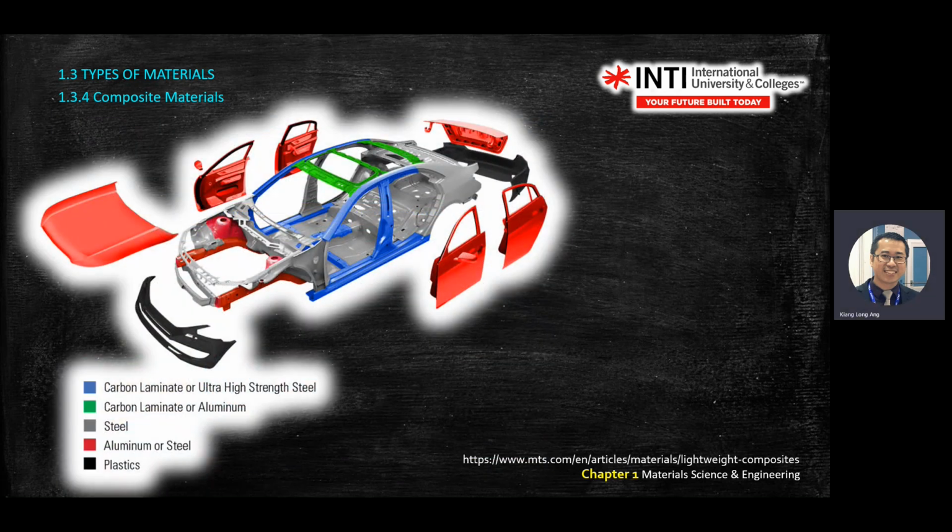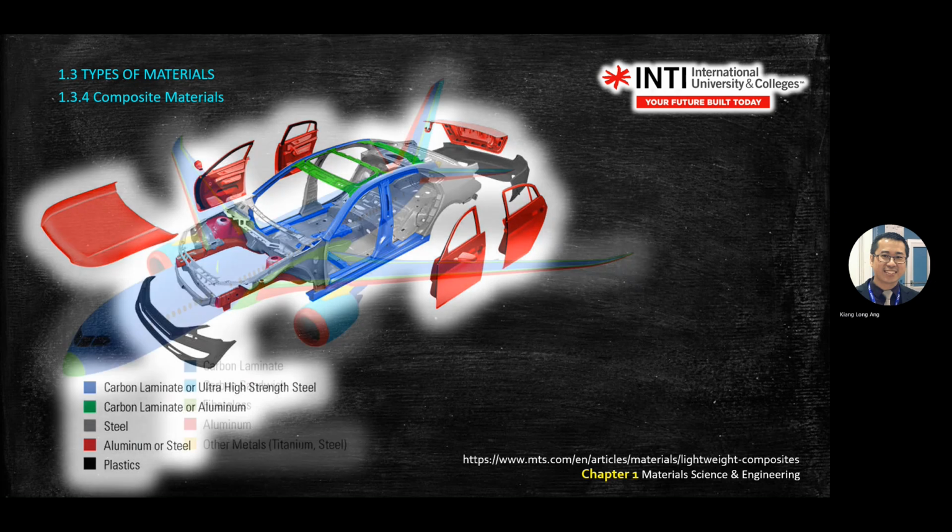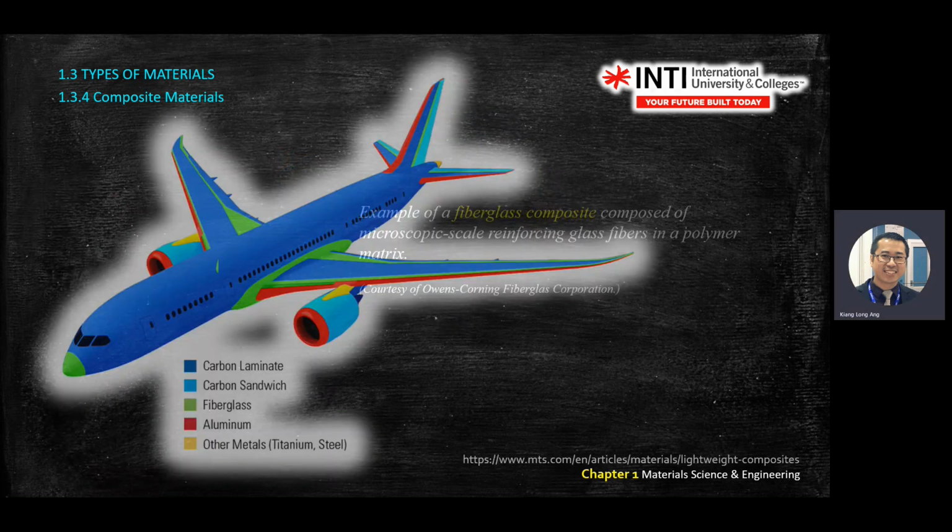If you break down the car, you can see our automotive products consist of lots of composite. Plastic is under polymeric material. Steel and aluminum, these are under metallic elements, and so on.